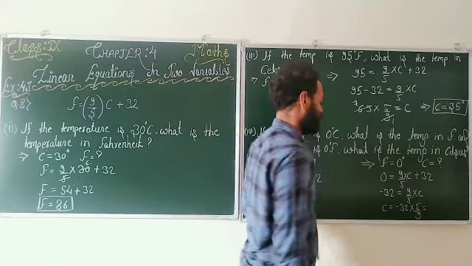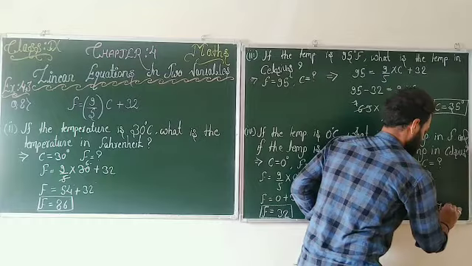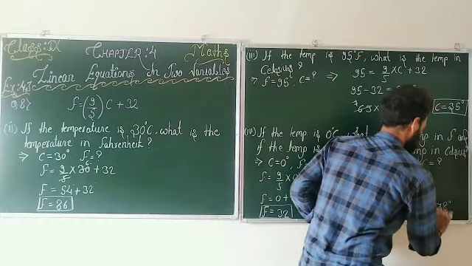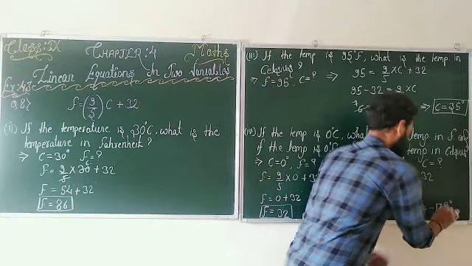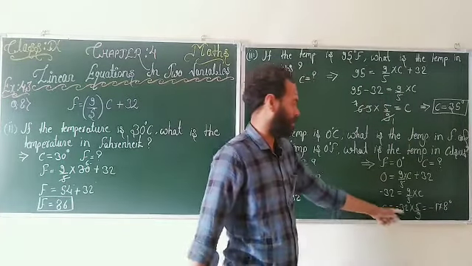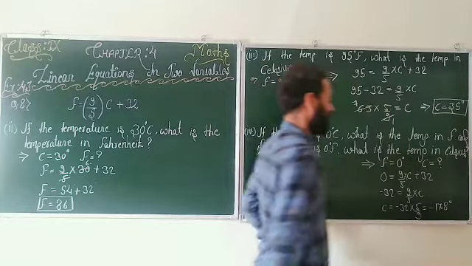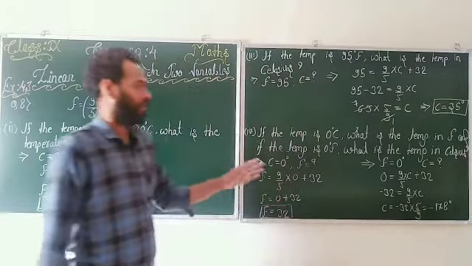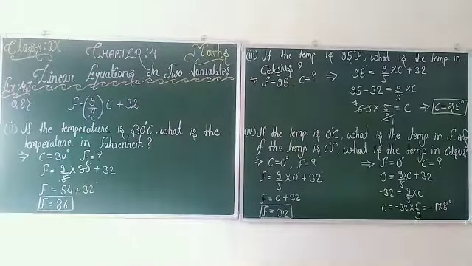When we solve it, we get minus 17.8 degree. 32 fives are 160 and 160 divided by 9. So we get the temperature in Celsius as minus 17.8 degree when the temperature in Fahrenheit is 0 degree.